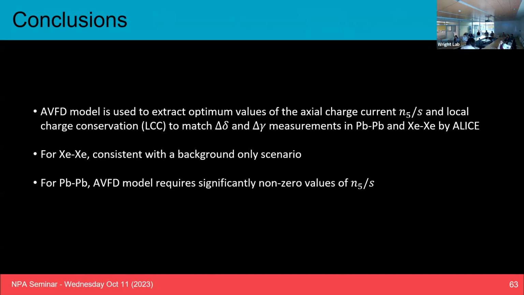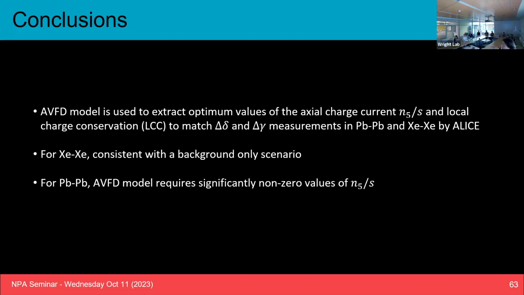Okay, so as I said, in conclusion for this study, the AVFD, we try to get the optimal variance to describe the signal and the background, to match these two kinds of observables in the data for both pp and Xenon collisions. For Xenon, we see it's a consistent background scenario.